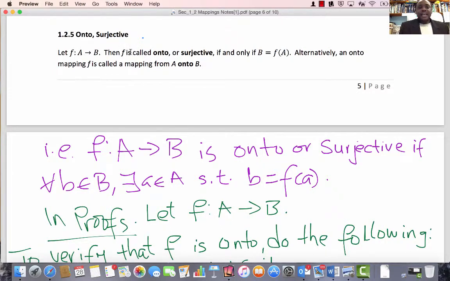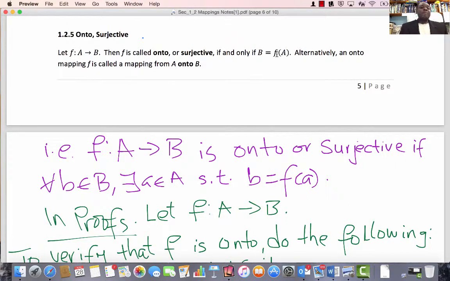We say that f is onto or surjective if B equals f of A. Remember, B is the codomain and f of A is the image of the entire set A, or the range of the function. So if the codomain equals the range of the function, then we say that f is onto or f is surjective.